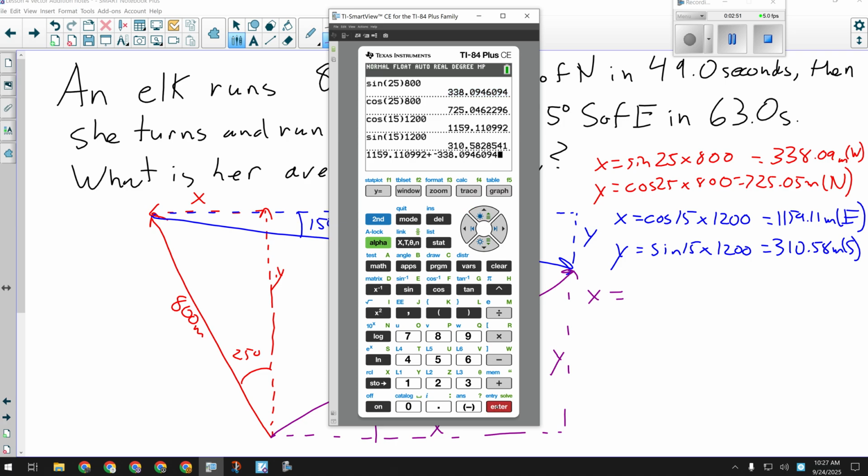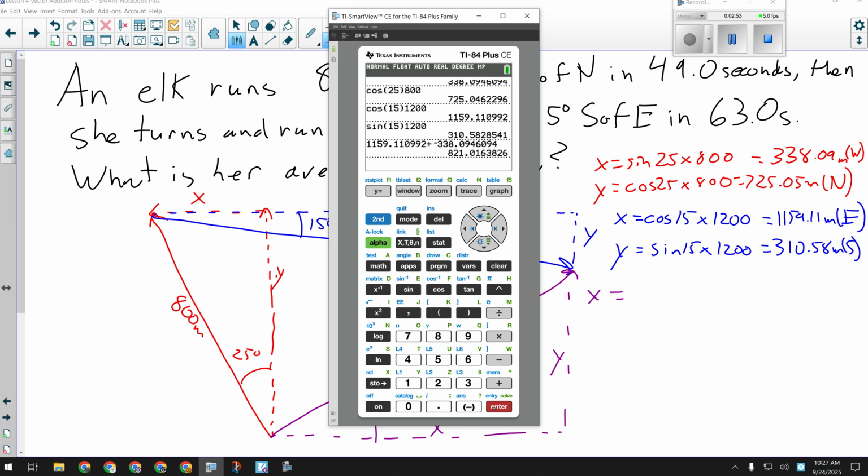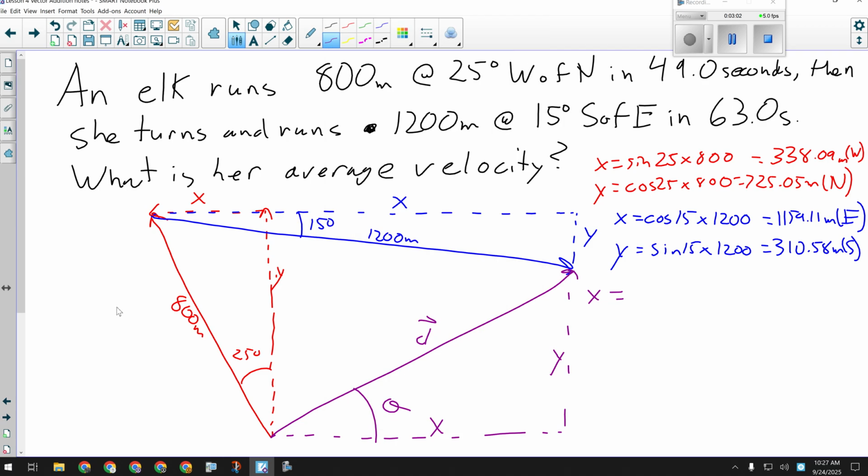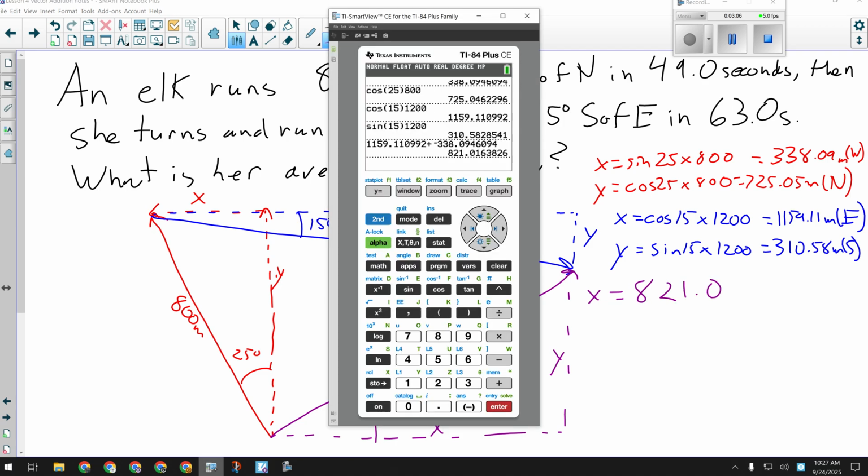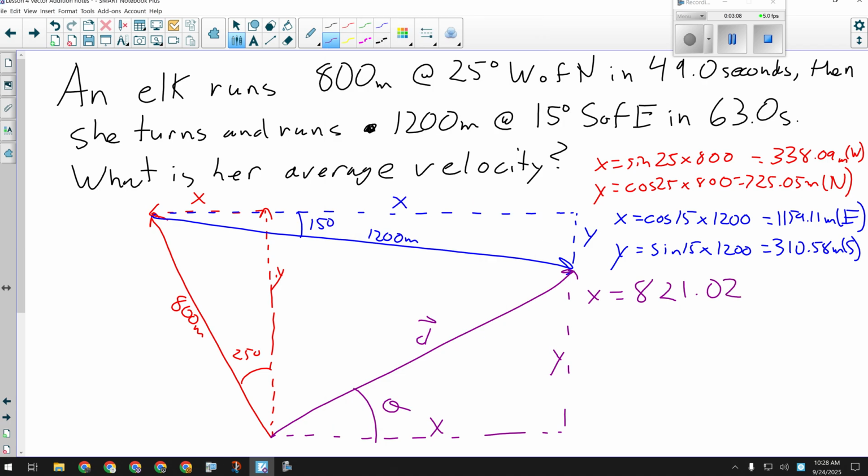Or you could just minus, it's either one. So in the end, the elk ends up 821.02 meters east.